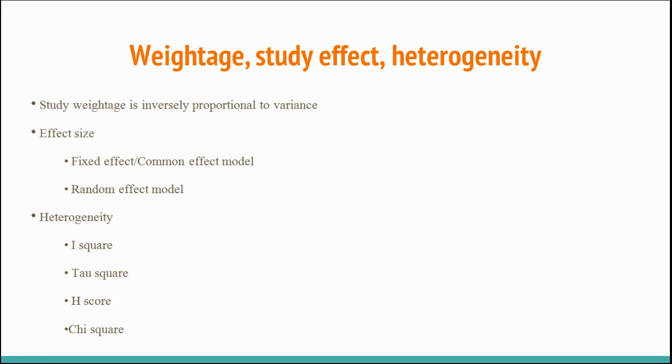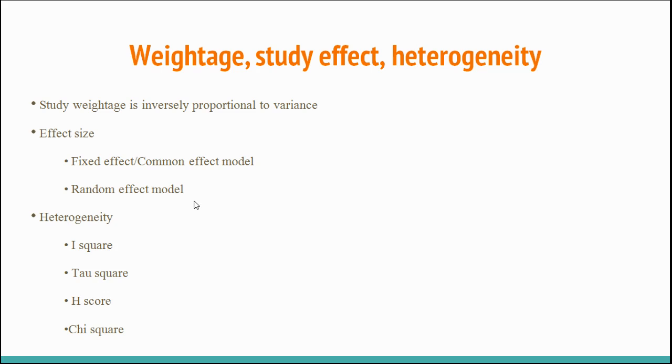For example, if your tau square is reporting 20, 30, 40, how can I say whether this is actually significant? That is reported through the chi-square. If the chi-square p-value is less than 0.05, I can say with statistical surety that the heterogeneity is significant, meaning your studies are quite different from each other. So that's how we check for heterogeneity.